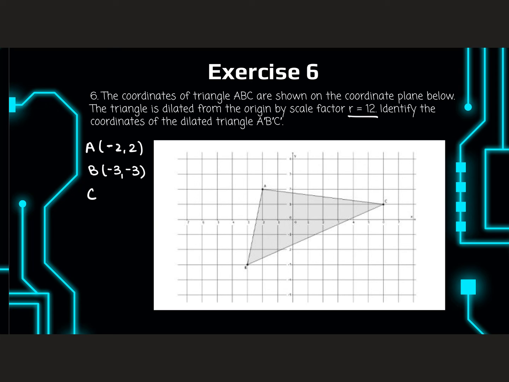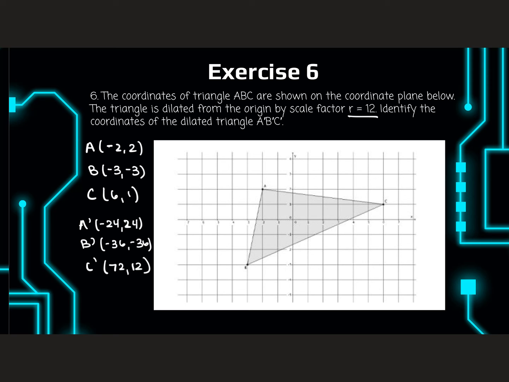And we have C, which looks like (6, 1). All right. Multiplying by a scale factor of 12, A prime is going to be (-24, 24). B prime is going to be (-36, -36). And C prime is going to be (72, 12).